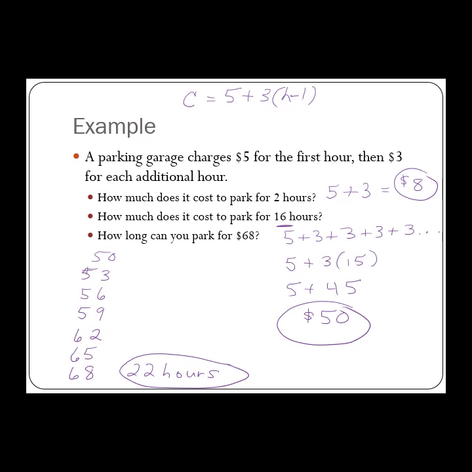I've also seen people write this as $3 times the hour plus the $2 extra you pay for that first hour that you're there. And that's another way of thinking about it. And so you could say 68 is 3h plus 2. And divide by 3, and you get 22 hours that way.